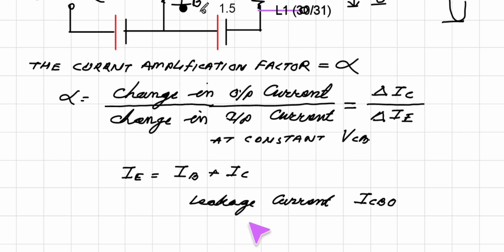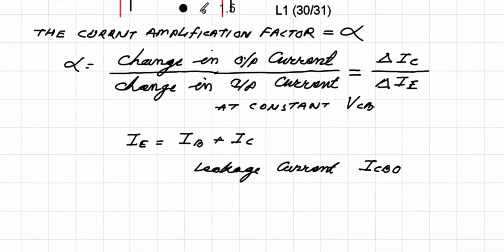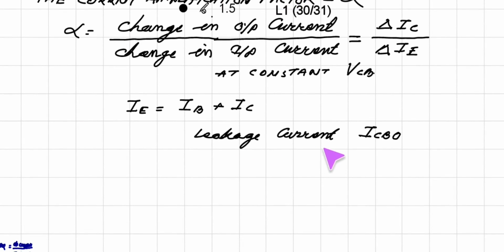Remember that whenever a diode is reverse biased, due to minority carriers some amount of current flows. Now this is reverse biased, so that amount of current is already flowing. We already saw IE is equal to IC plus IB, plus that additional current, the leakage current ICBO. See here, it is the collector current between collector and base.